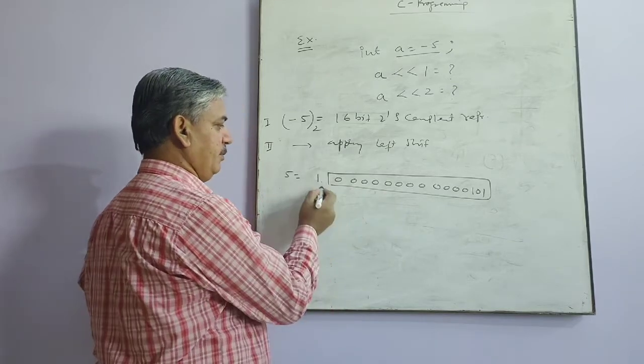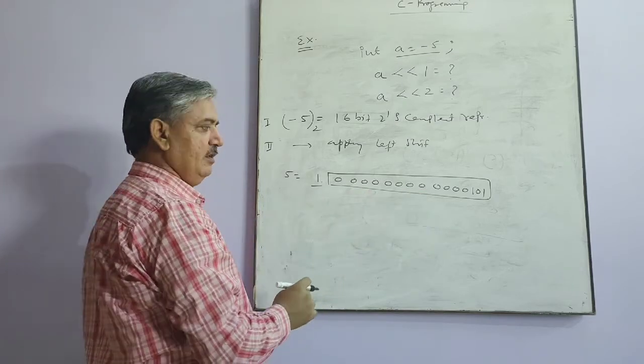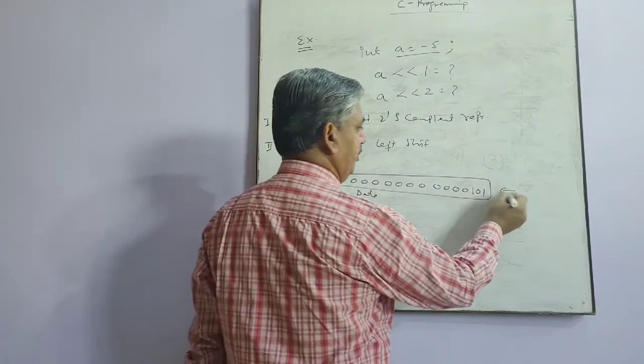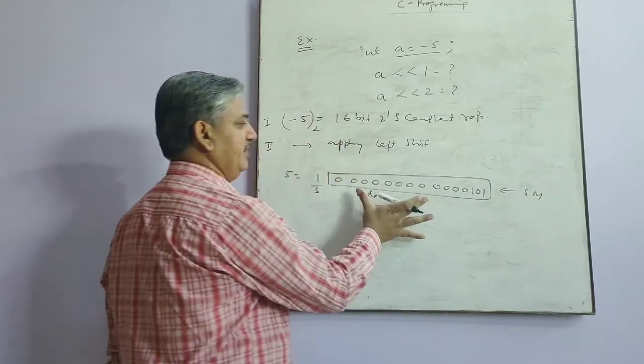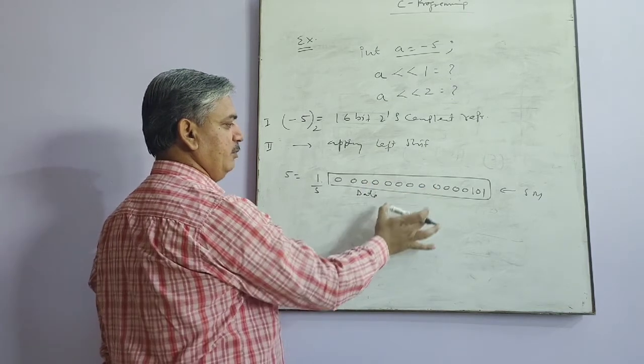This is sign magnitude representation. This is 1 and this is 5. This is the sign bit and this is data. So this is sign magnitude representation. But in 2s complement representation, this data is in 2s complement. So find the 2s complement of this one.